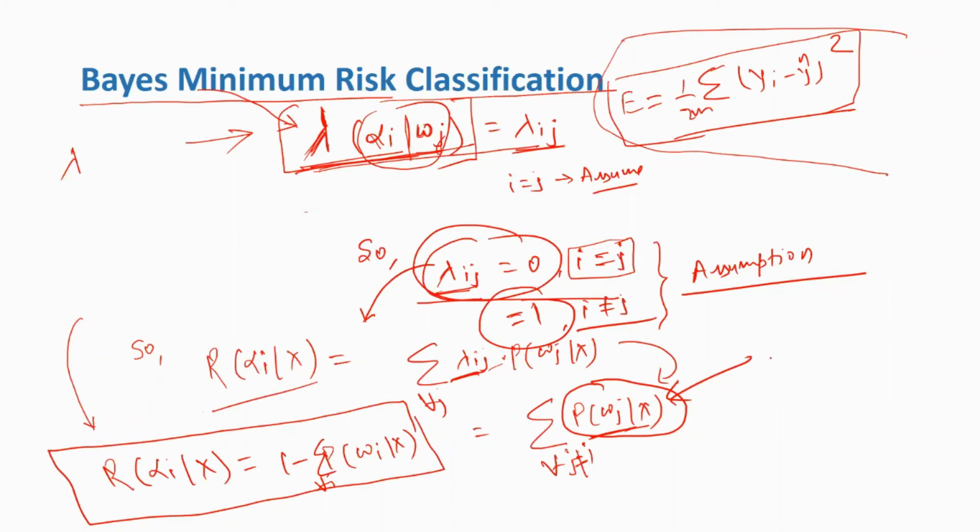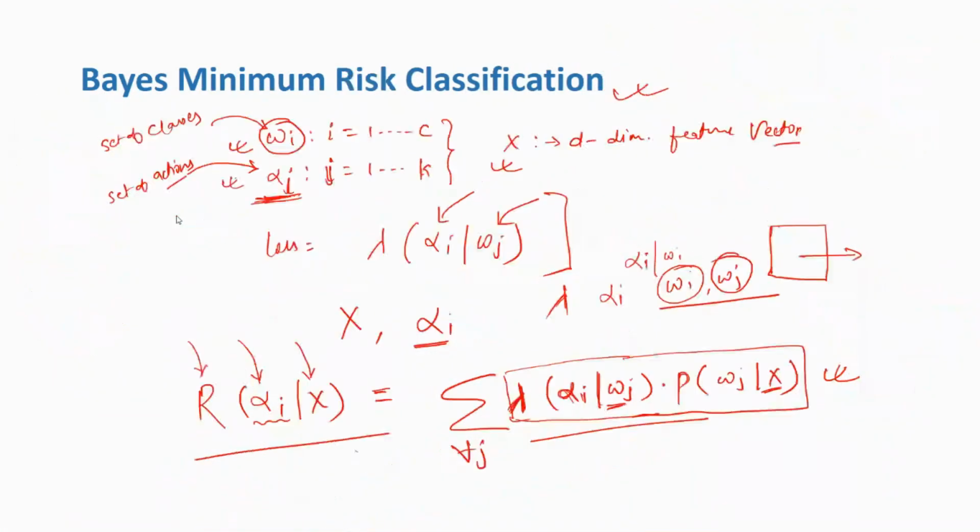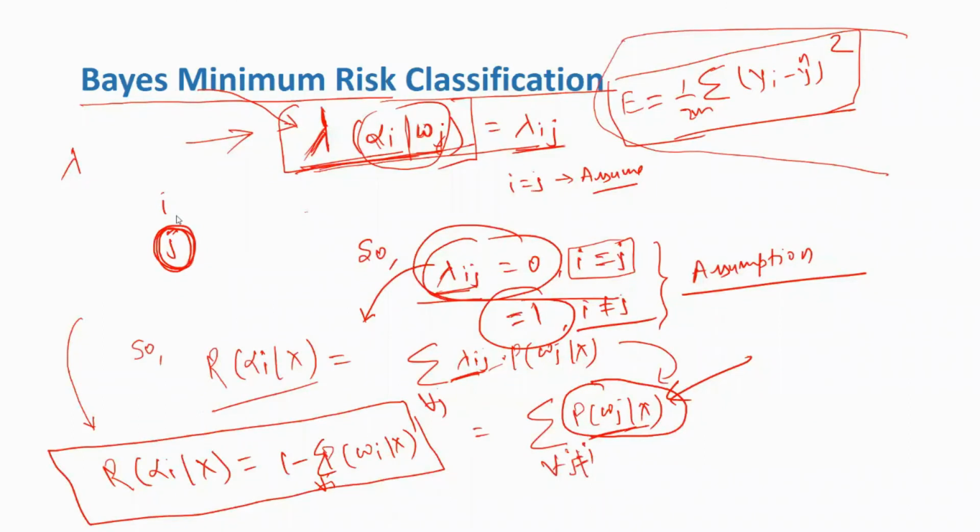It means when we are predicting some class as i, there is some probability that it will actually be j, and this is my risk. In the previous part we were saying the same thing for minimum error classification. And minimum risk classification is just a generalized form of minimum error classification, nothing else.